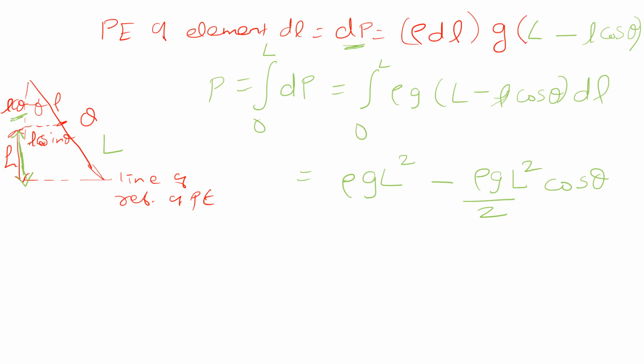When you apply the limit L, you will be getting rho G L squared by 2 cos theta. So that is how you get this term.